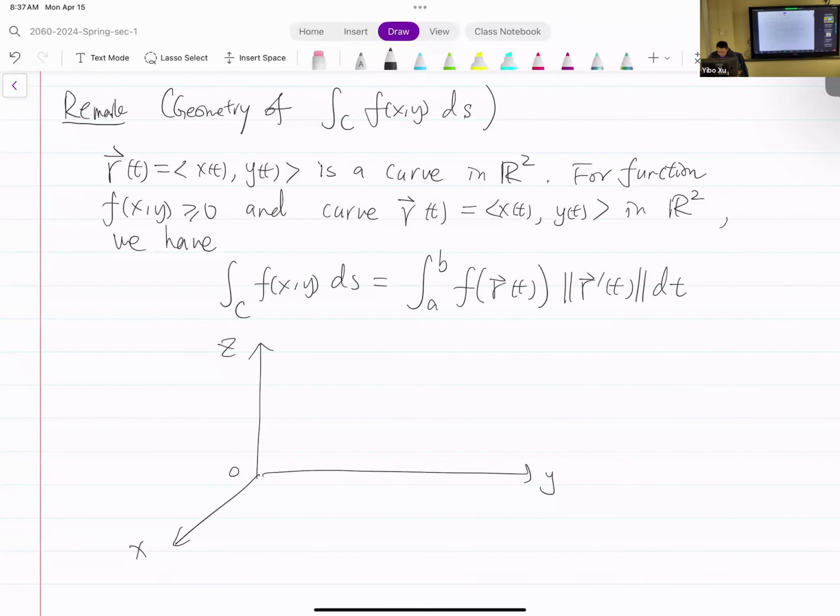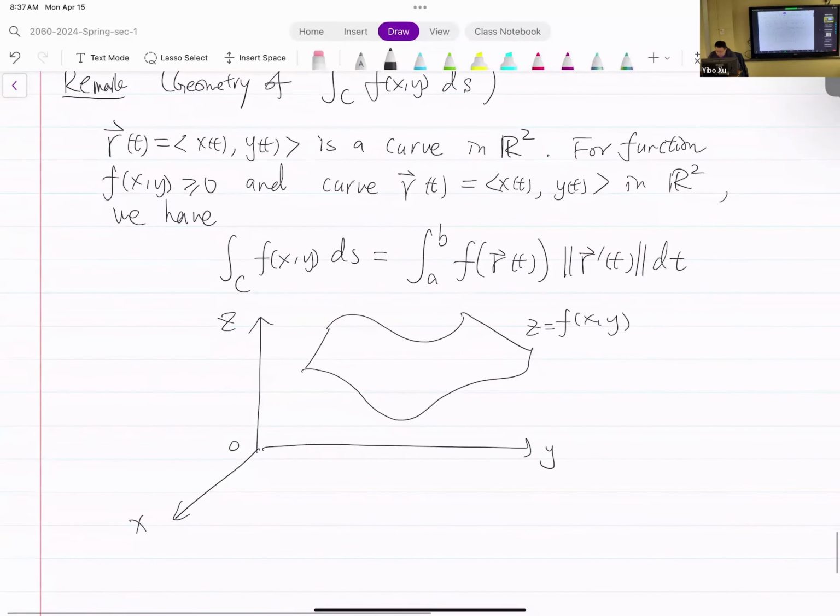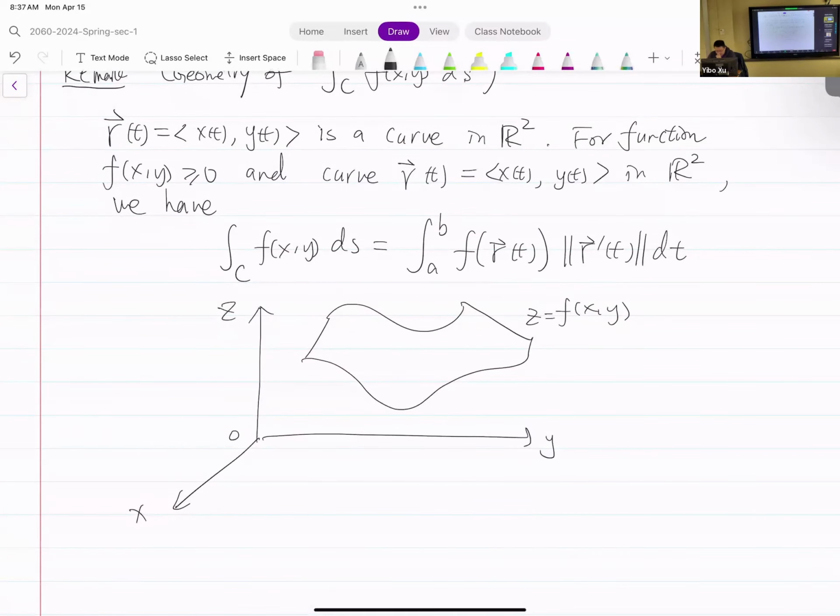If you want to sketch a figure, basically we may have a curvy surface on the top. Okay, so this is where we have that f of xy. So this is the surface on the upper half of the space where f of xy is non-negative.